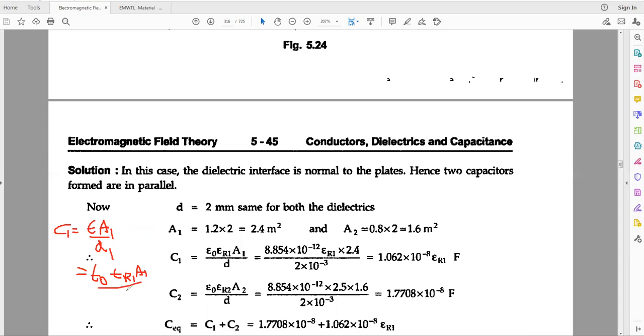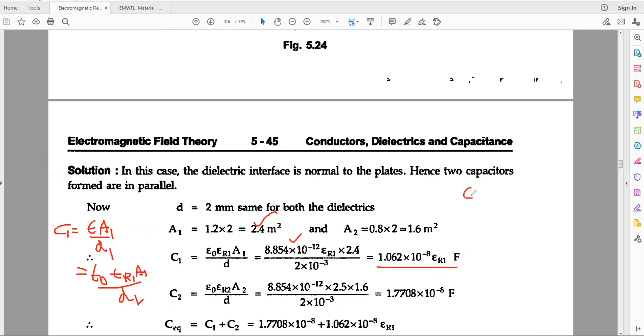We got A1 as 2.4 meters square. Epsilon naught is the standard value 8.85 times 10 to the power of minus 12. Simplifying, C1 is 1.062 times 10 to the power of minus 8 epsilon R1 farads.